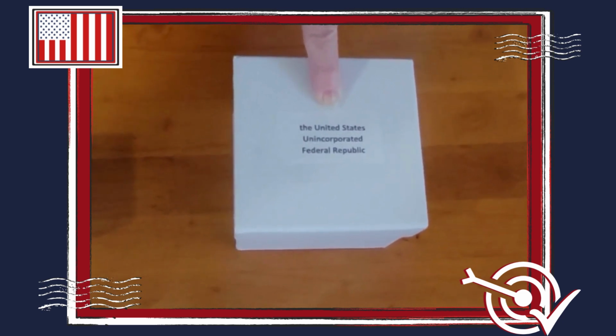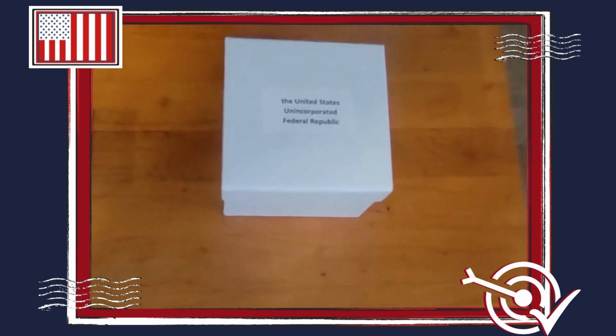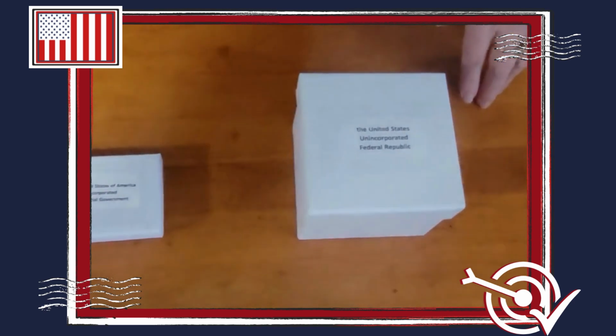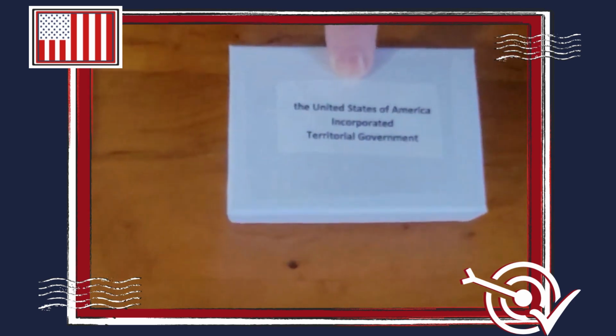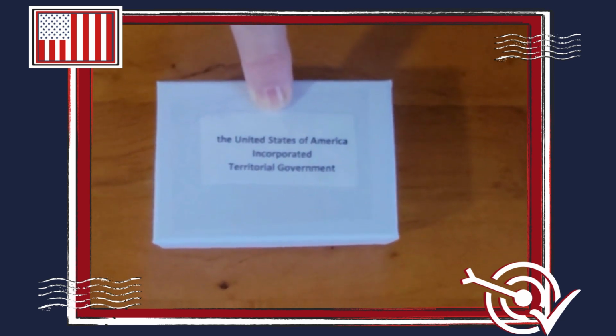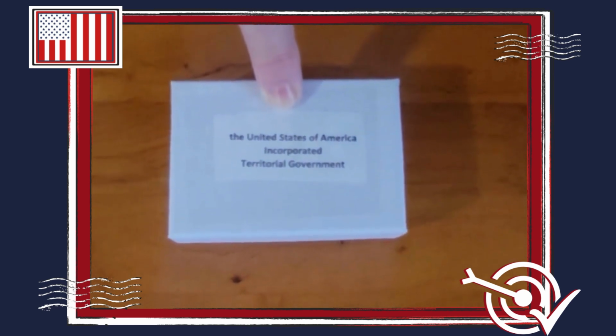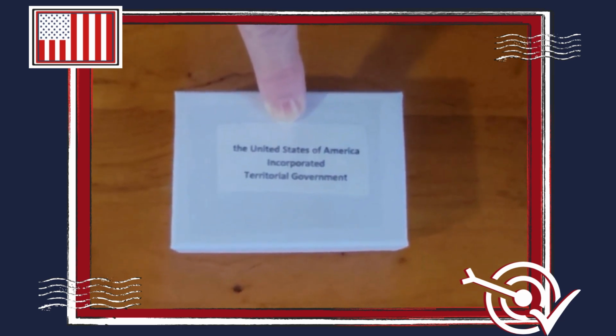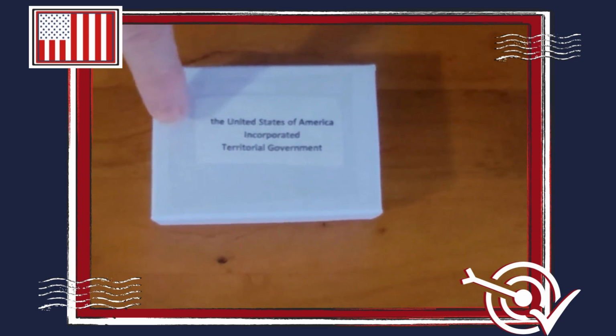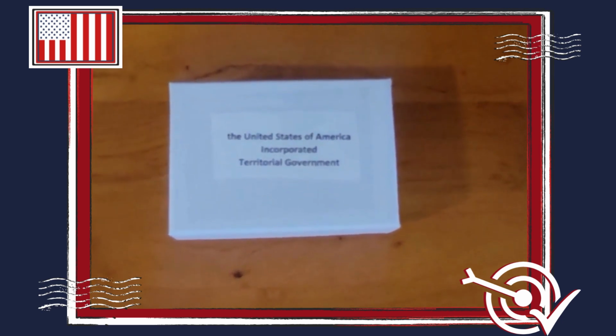Now, take that piece of information in and look at this next box. This is the United States of America, Incorporated. And it is what? It's the territorial government.